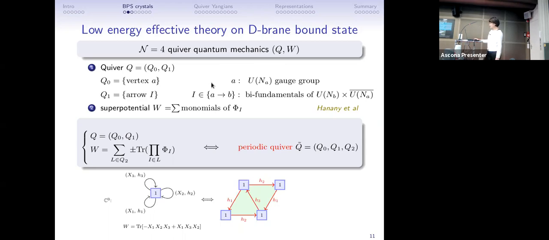Starting from a toric Calabi-Yau, you can write down this Q and W pair from the brane tiling technique, for example, by Hanany et al. What's going to be useful for us is that the information of Q and W can be repackaged into a periodic quiver.